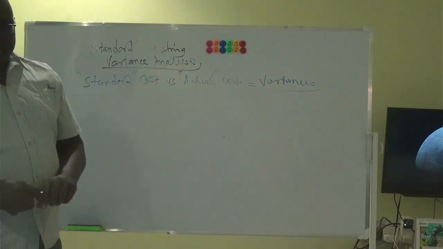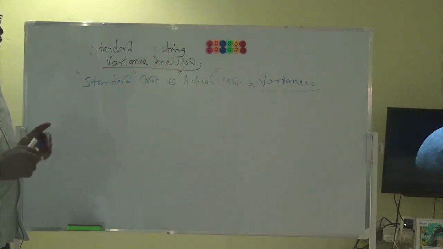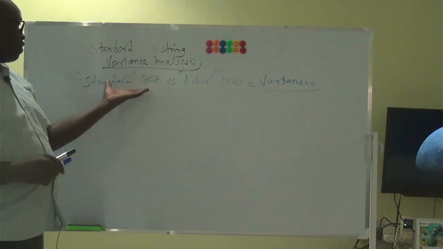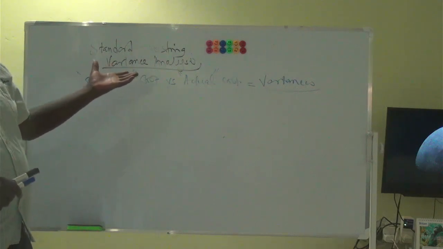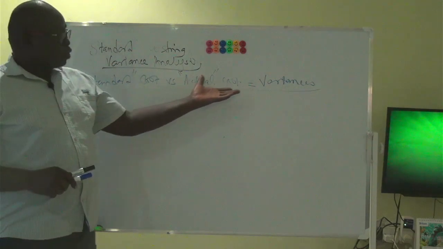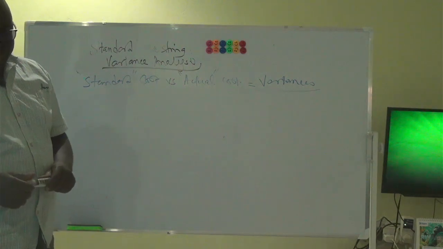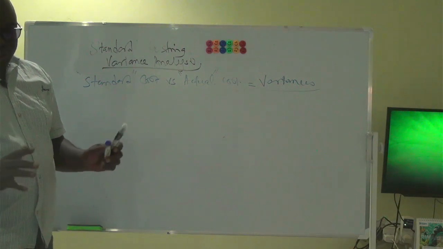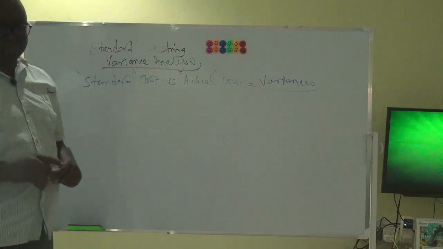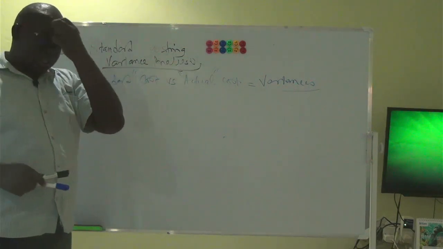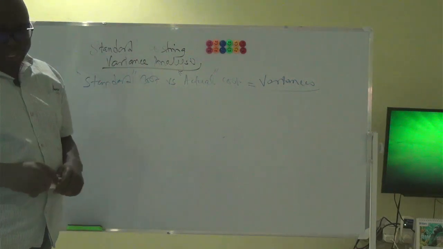Our standard cost normally gives us our budgeted profit at the end of the day. Our actual costs lead us to the actual profit. These parts relating to costs, budgets and actuals are further subdivided.